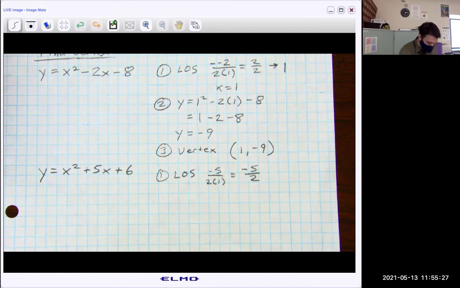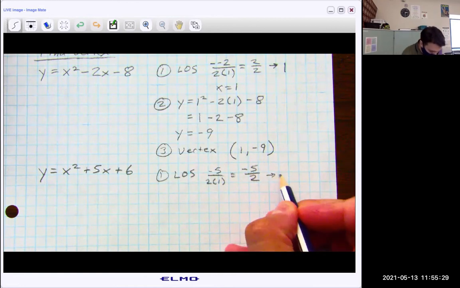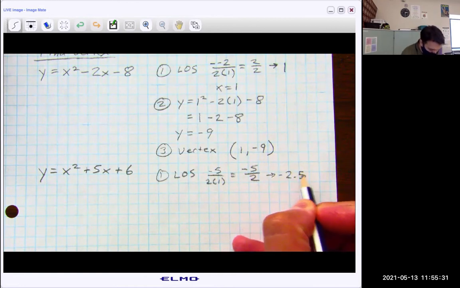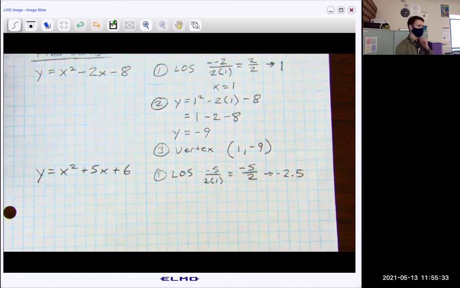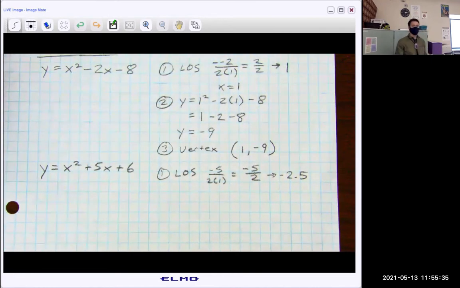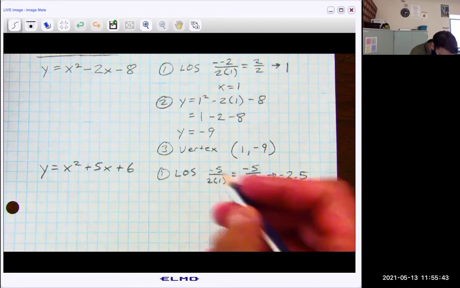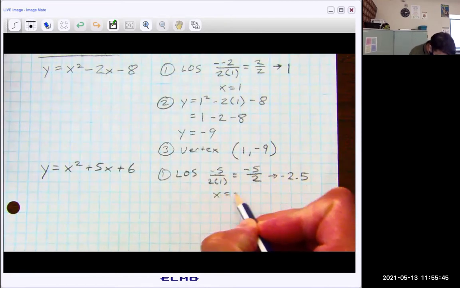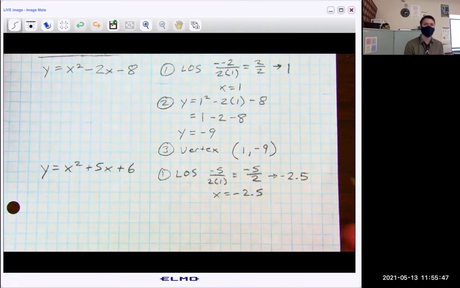It's going to be easier to plug it into a calculator. It's easier to use a -2.5 than it is to leave it as a fraction. So my tip to you is use decimals. So, I have to remember I need to write x is -2.5. That's your line of symmetry.